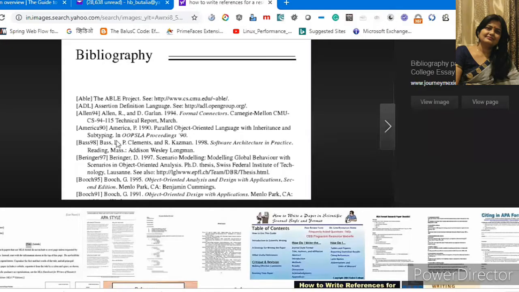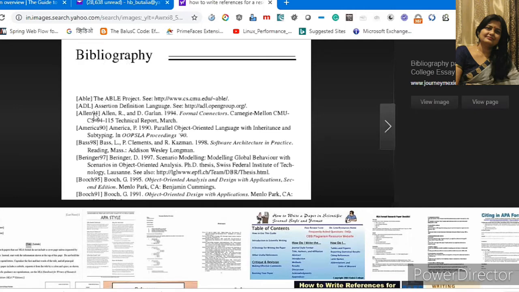Now this is another form of how it is written. Basically, it's the bibliography. Here the author is mentioned, the project name is mentioned, and the hyperlink is mentioned. Similarly, this topic is mentioned and the hyperlink is mentioned.